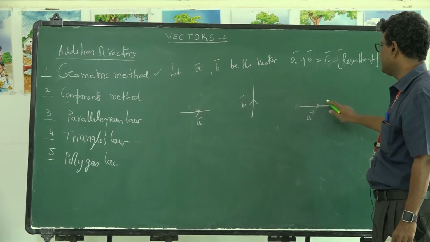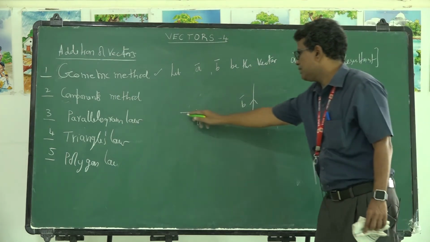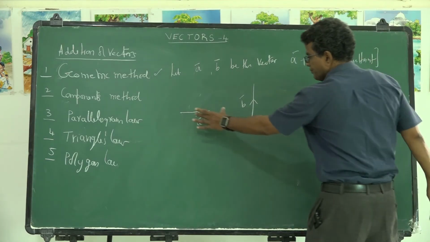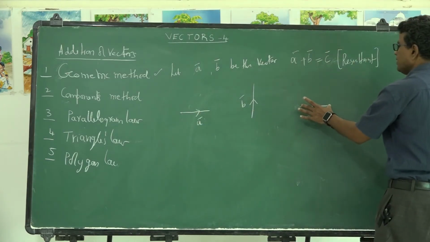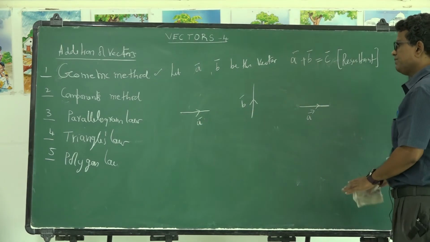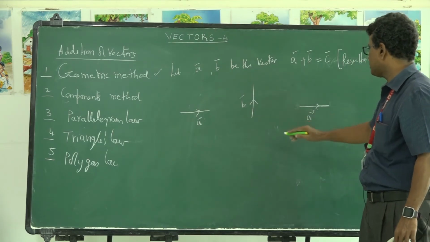It should represent the same direction and have the same magnitude, so then it will become an equal vector. Draw the first vector and draw the second vector.